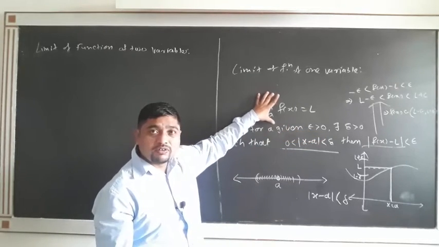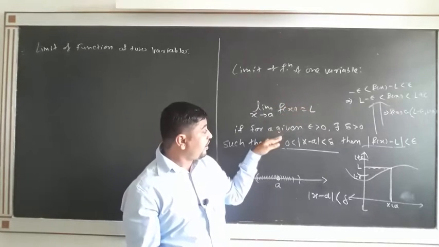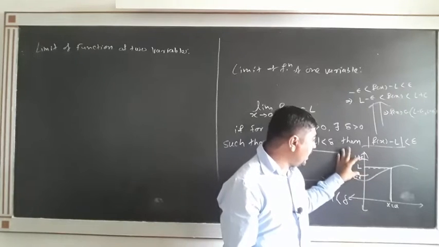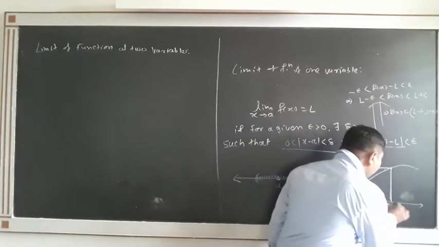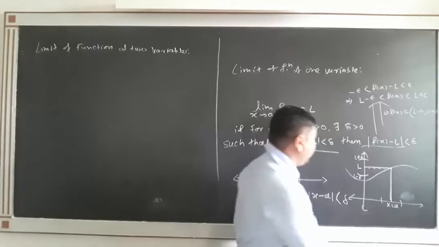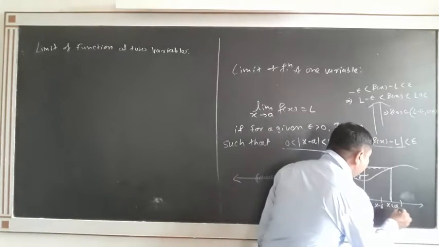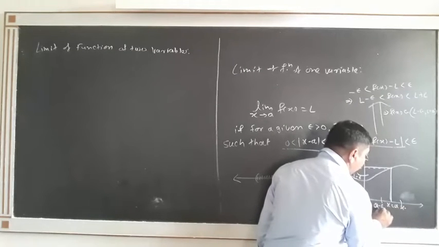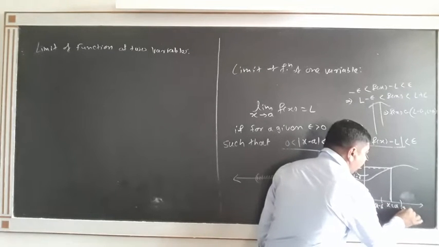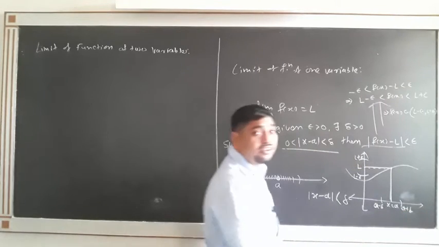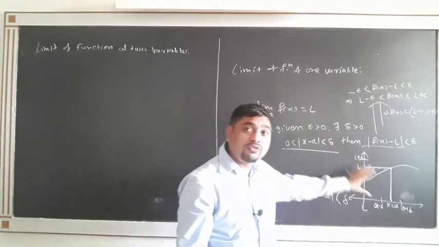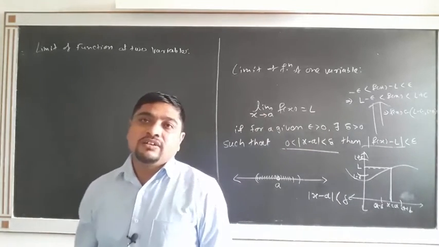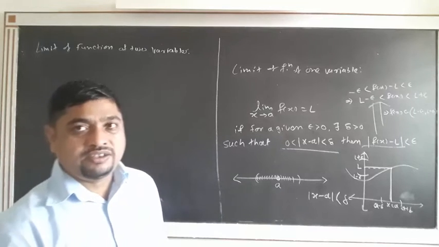If this function has a limit, then for every epsilon you get a corresponding delta, that is, the interval a minus delta, a plus delta. For any epsilon you can find a delta. If that happens, then we can say that the function has a limit.